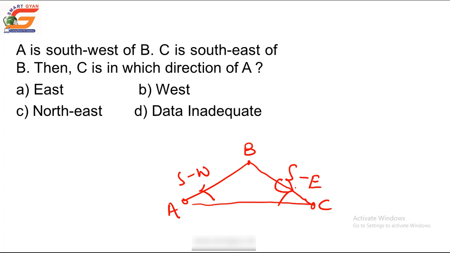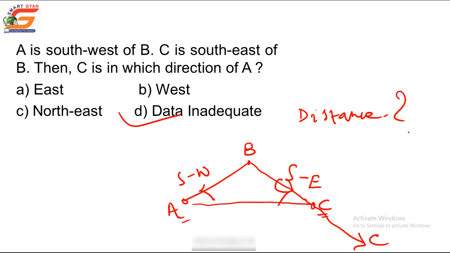C may be here, or may be here somewhere, or maybe even below this point. Why? Because the distance between B and A is not given, neither is the distance between B and C. As the distance has not been given, we cannot reach any conclusion about the relative position of A and C. So the answer will be data inadequate.